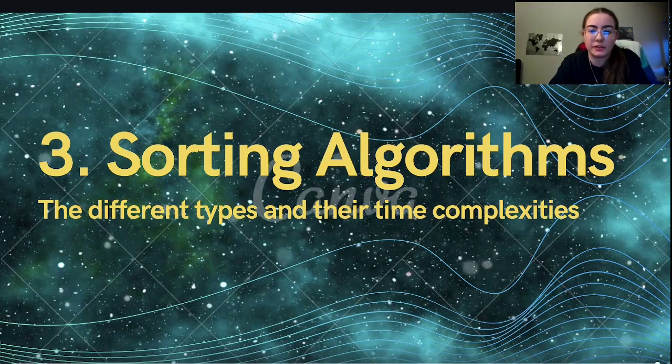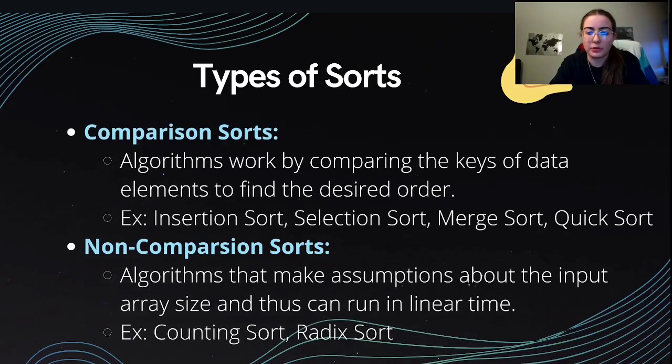So we're going to just cover the different types and their time complexities, and just big O in general. So types of sorts. You guys are learning right now, there's two different types. There's comparison and there's non-comparison sorts.